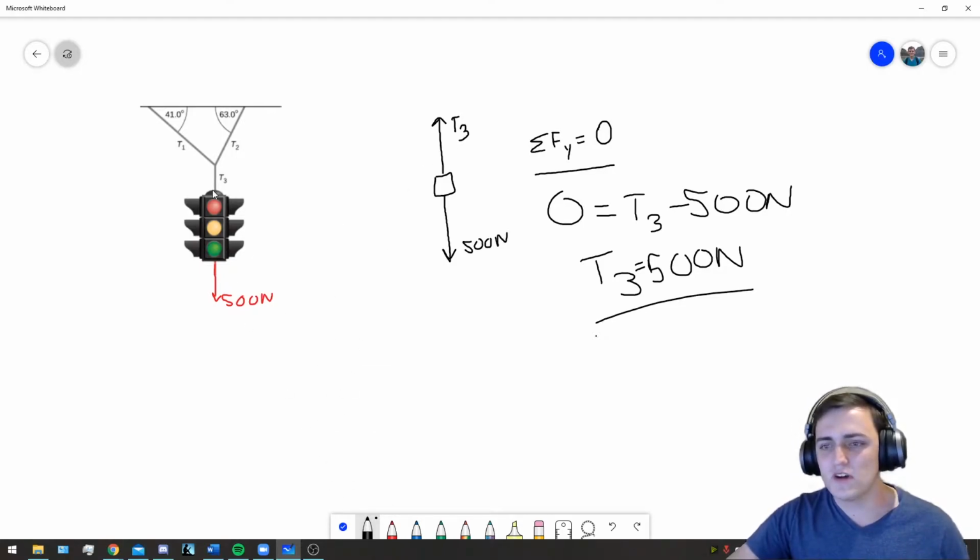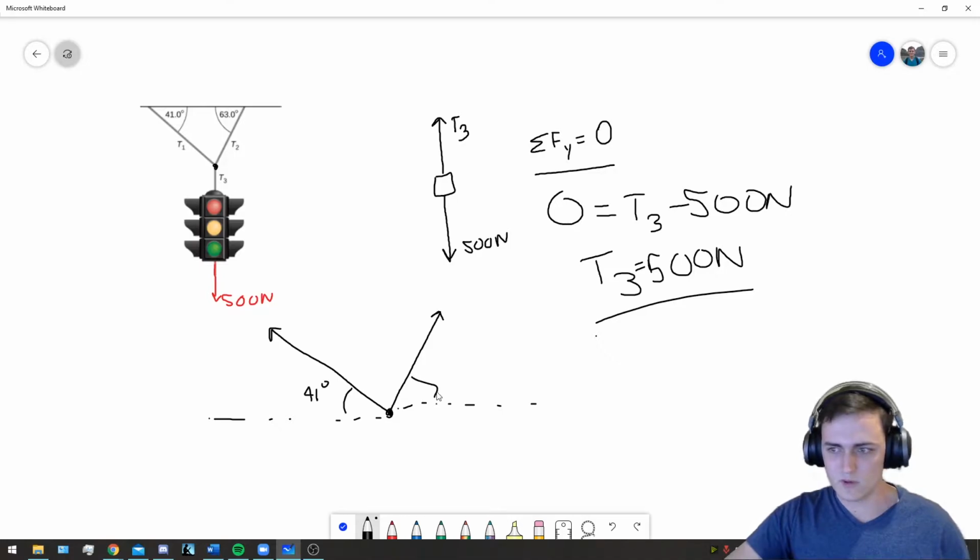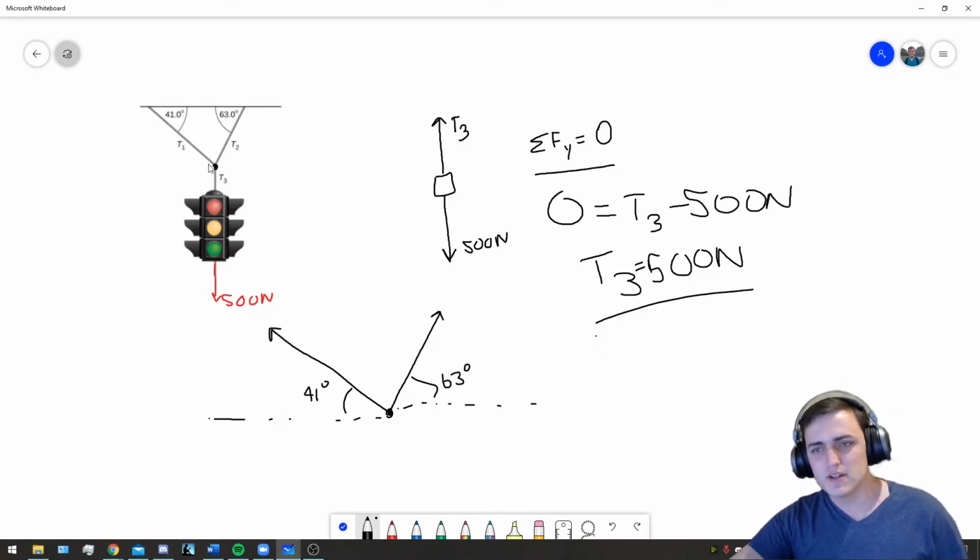And now we want to move on to our rope interface, where all the ropes meet. And we're given a couple of kind of nasty angles. By understanding complementary angles, we can actually rearrange these two angles down here, like 41 there and 63 there.